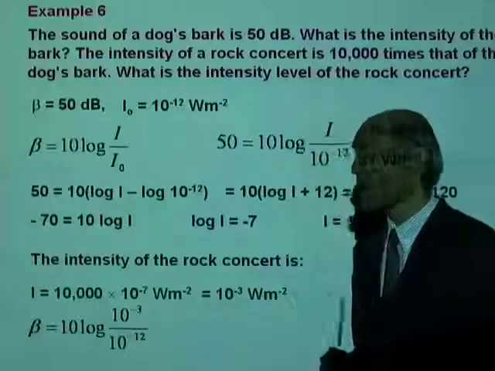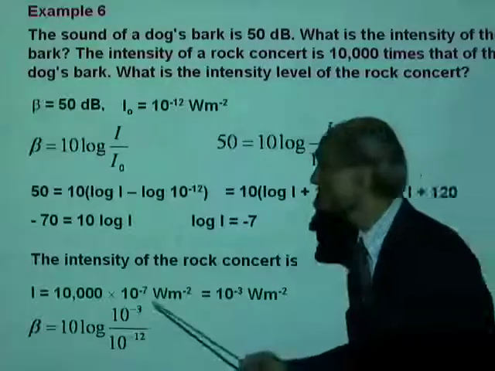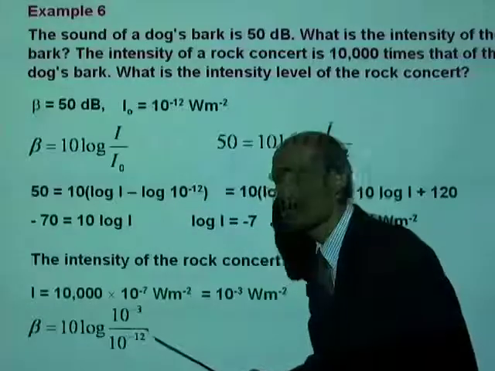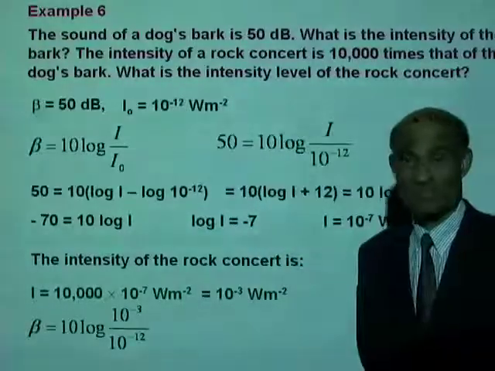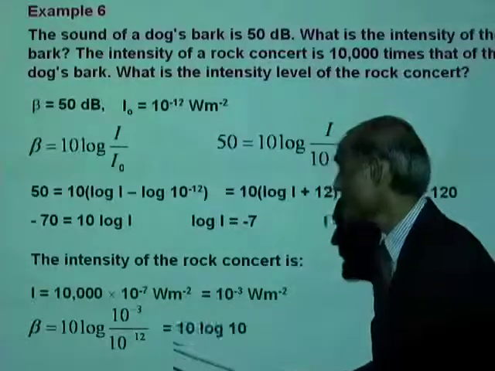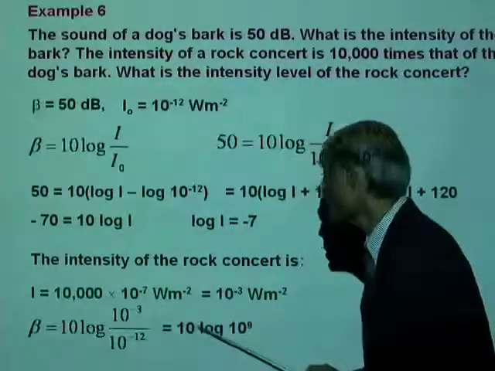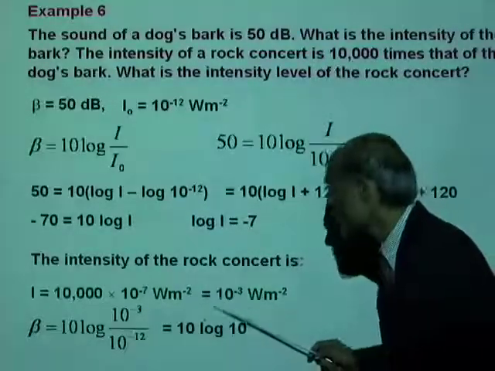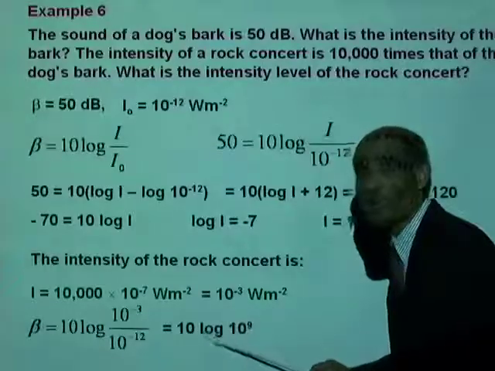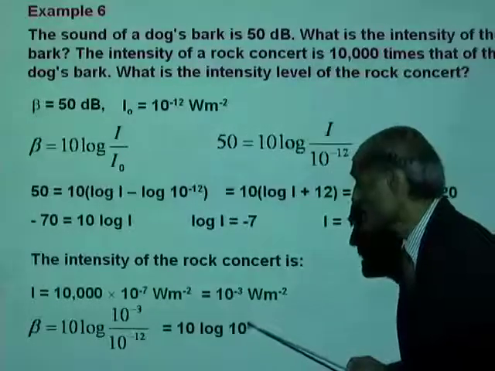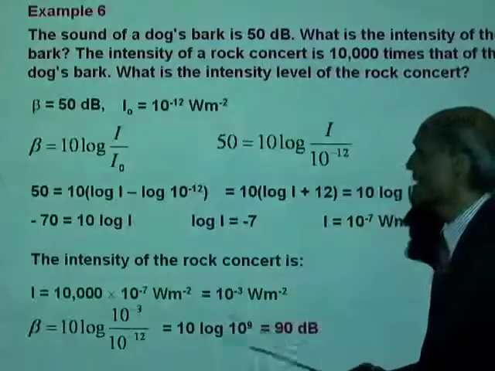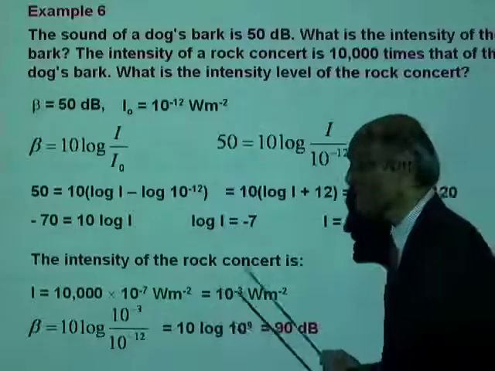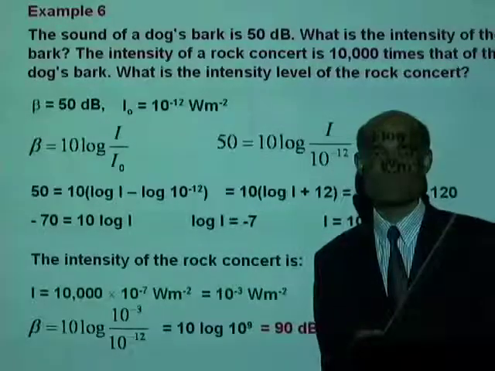I0 is 10 to the power of negative 12. Tell me, what is 10 to the power of negative 3 divided by 10 to the negative 12? Alright, that is 10 to the power of 9. So this will be 10 log 10 to the power of 9. What is log 10 to the power of 9? Log 10 to the power of 9 is 9. So this is equal to 90. The intensity level of the rock concert is 90 decibels.